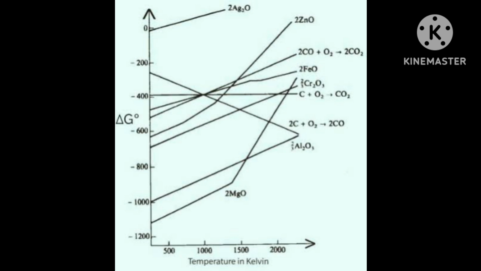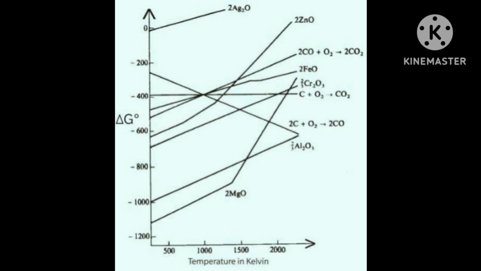So C plus half O2 gives CO, and again CO plus half O2 converts to CO2.